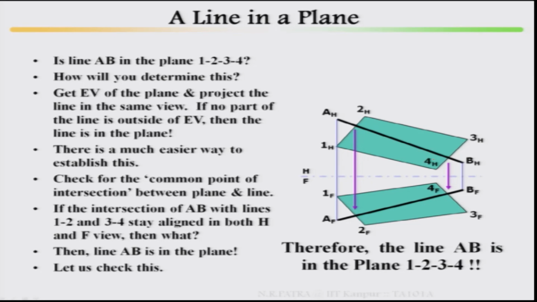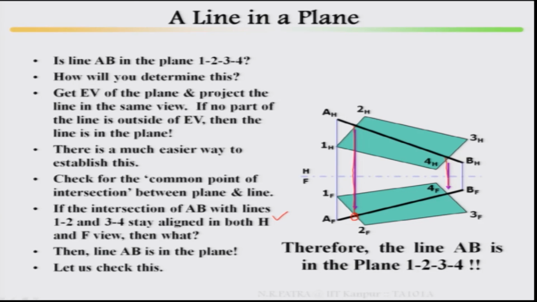If the intersection of AB with line 1, 2, 3, 4 stays aligned in both horizontal and front views, then line AB is in the plane. What happened, aligned or not? I draw the projection here, project it back, whether it is touching the same point on AB and the line in the front view.